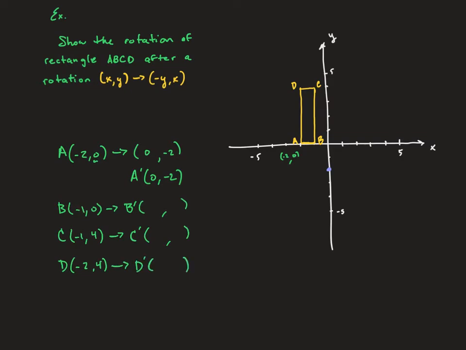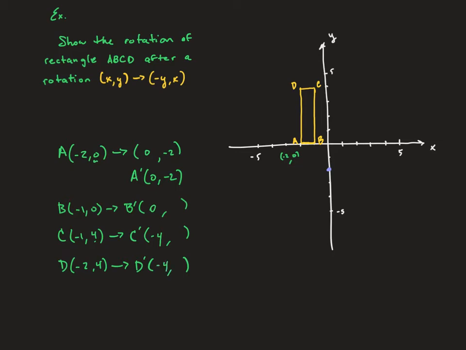And again, I'm following my mapping guides. My x value is going to be the -y value. So when I look at my B prime, x is going to be the -y, which is going to be 0. C prime x value is going to be the -y, so y is 4, so that's going to be -4. And then my D prime, again, the new x value is going to be -4.